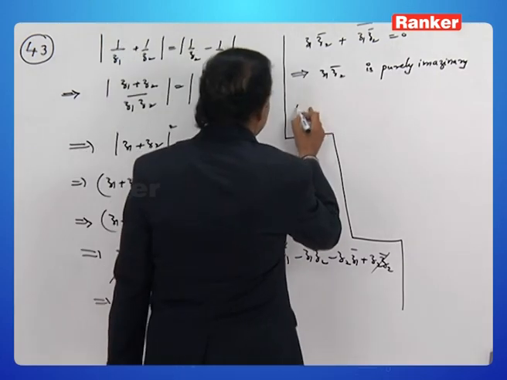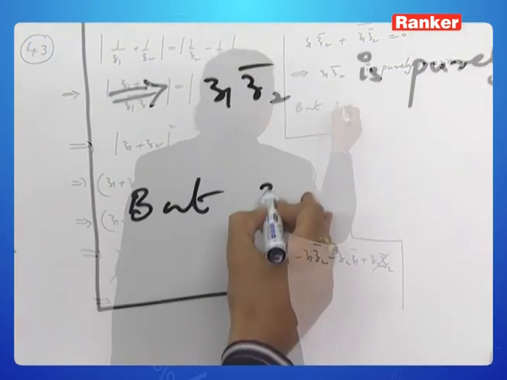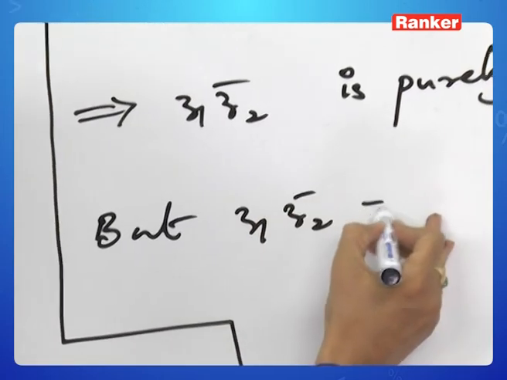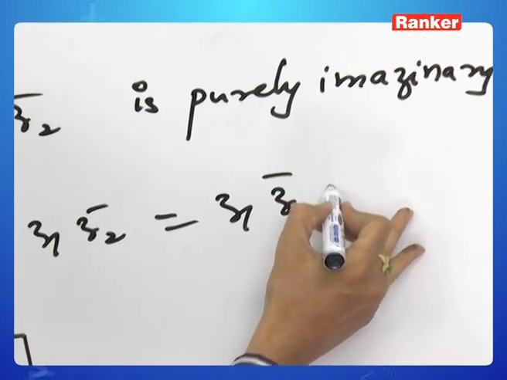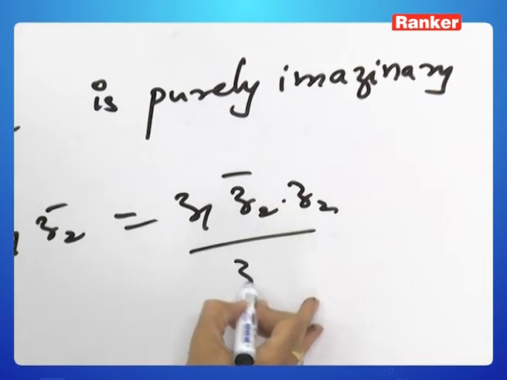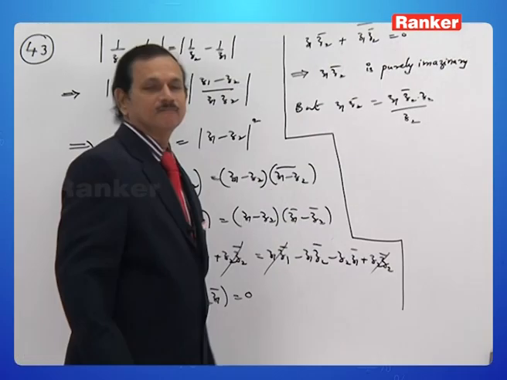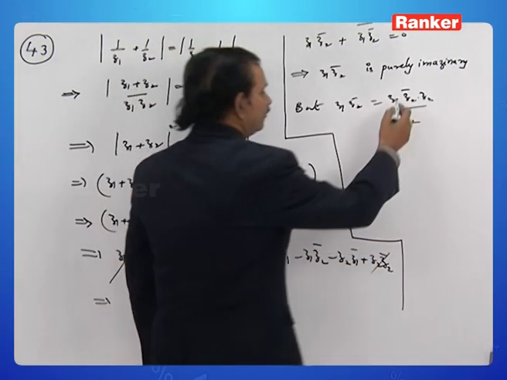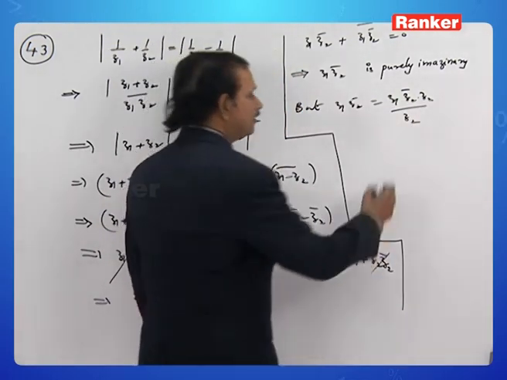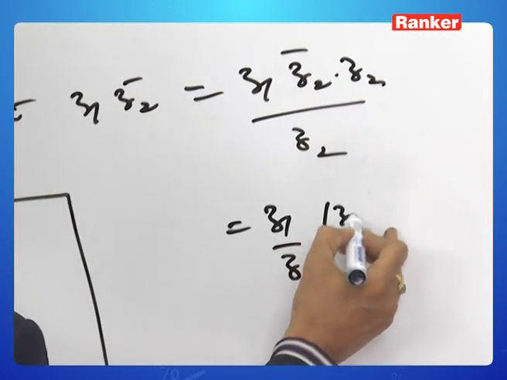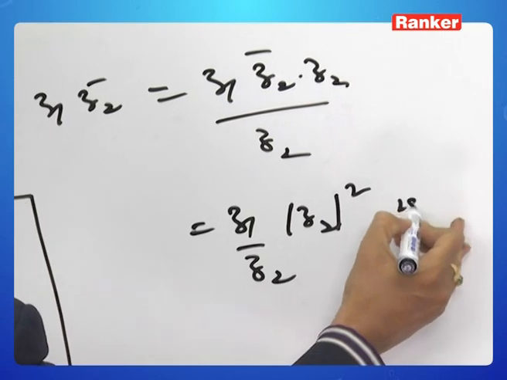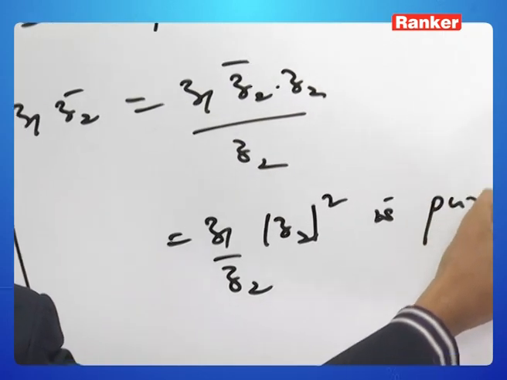But you see, Z1 Z2 bar is nothing but Z1 Z2 bar into Z2 by Z2. Any problem? What is Z2 Z2 bar? Mod Z2 square. It is Z1 by Z2 into mod Z2 square is purely imaginary.